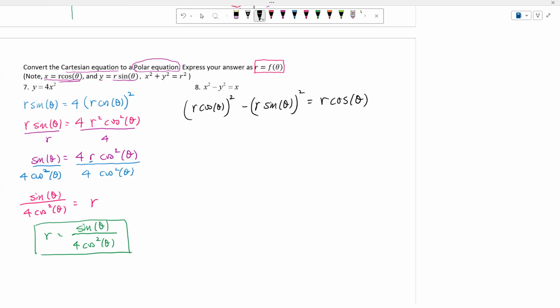Then I have r squared cosine square theta minus r squared sine square theta. Now we have a common factor, so we could take out r squared. So I have cosine square theta minus sine square theta.